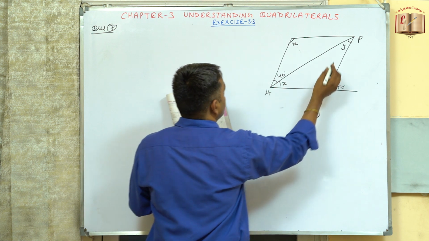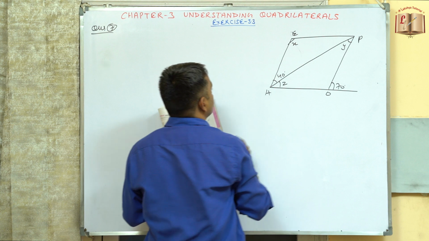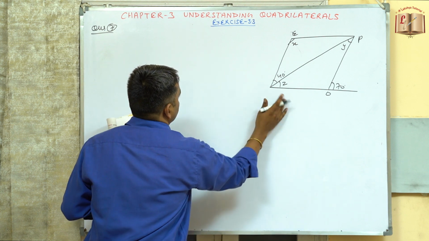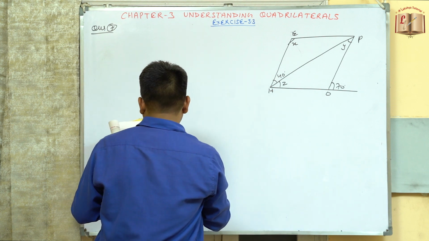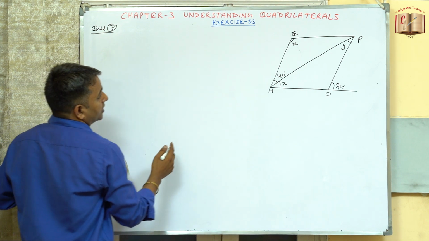So this is H, O, P and this point is E. So we need to find out x, y and z from this figure.